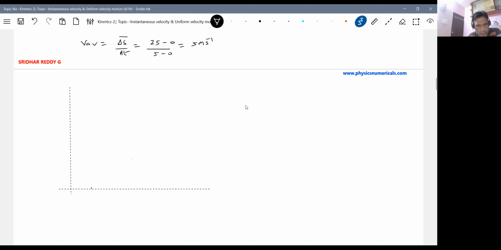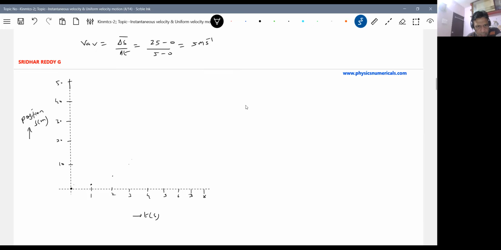Let's plot. So what are the intervals of time? 1, 2, 3, 4, 5, 6, 7, 8. Let this be 10, 20, 30, 40. This is the position, and t is in seconds. So let me go for the graph. At t equals 0, it will be 0. T equal to 1, it will be 1 meter. T equal to 2, it will be 4.